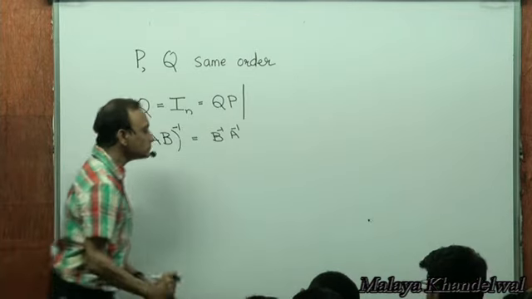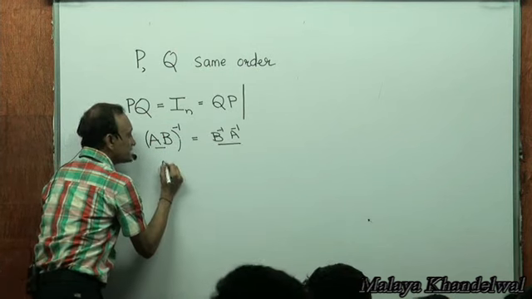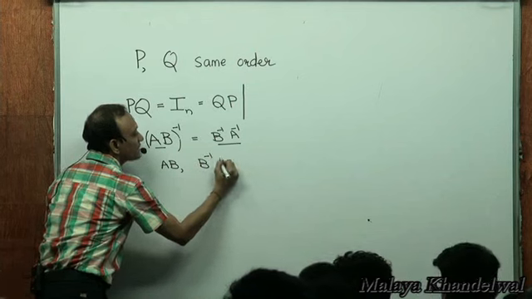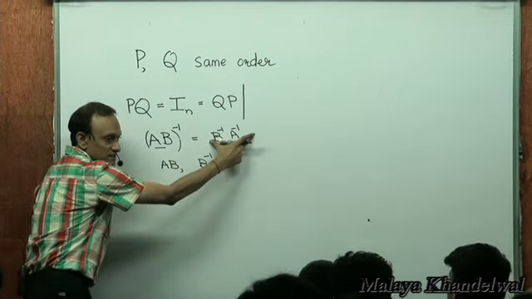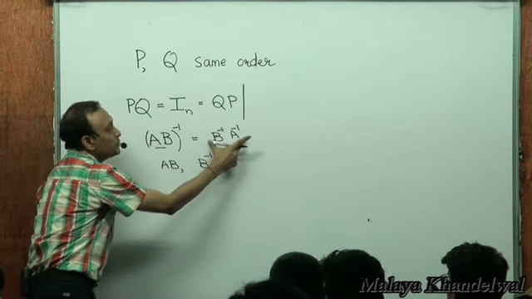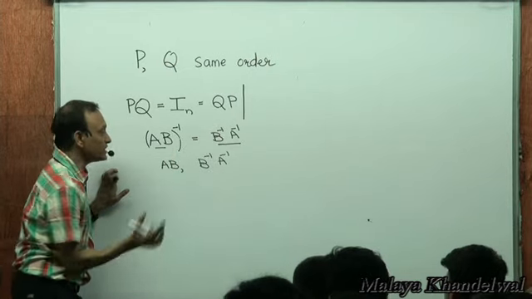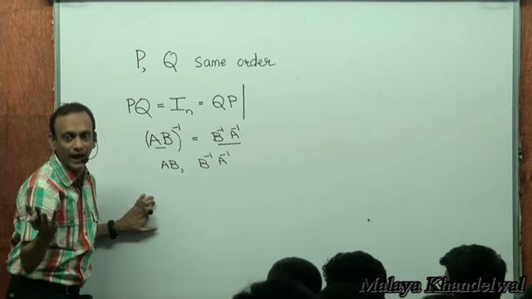For sure, if this has to be true, very clearly, the inverse of AB is this. That means AB and B inverse A inverse should be inverses of each other, only then it can happen.